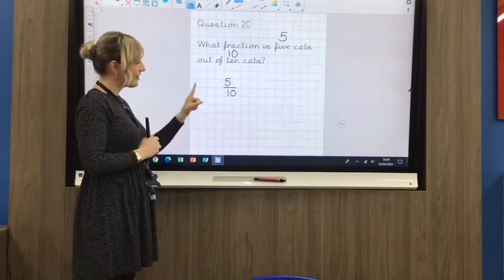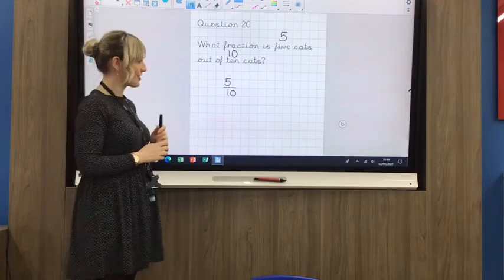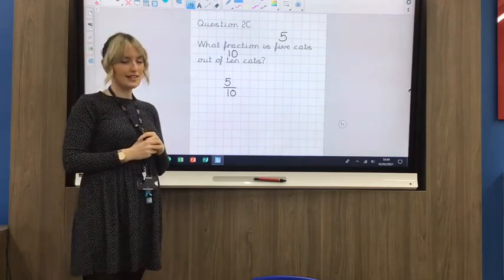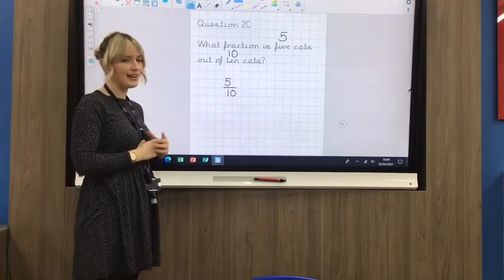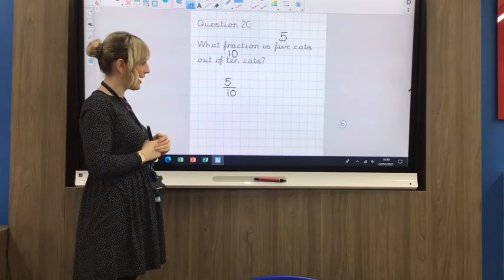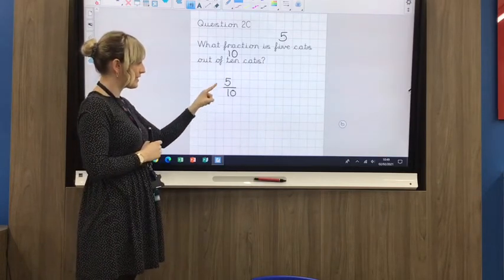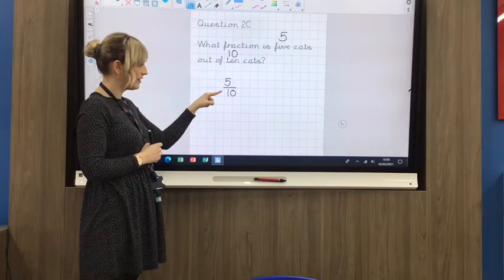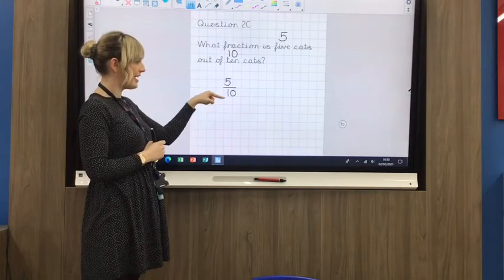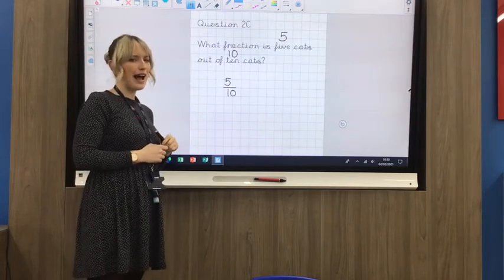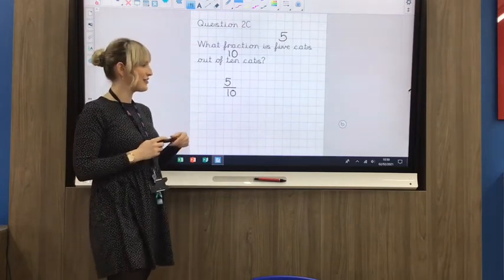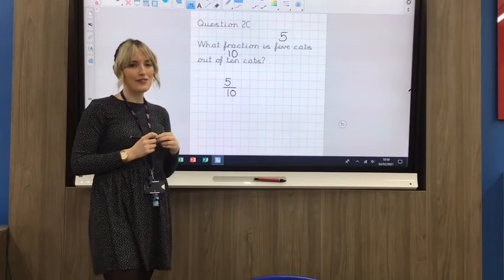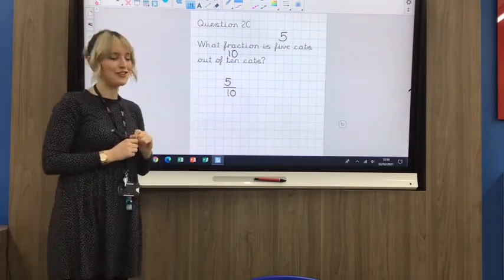Now, you can simplify this fraction, and you might have already noticed a link between 5 and 10. I wonder if you can simplify it by using that link. So we know that double 5 is 10. Well, half of 10 is 5. So how could we simplify that fraction? Can't wait to see if any of you work out the simplified version.